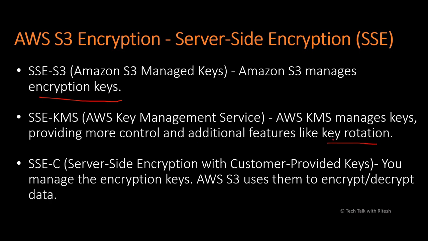I will cover what key rotation is, but in summary, when the key's life is over, or when the key is corrupted, we need a new key, and the old key is replaced with the new key. That's why it's called key rotation. And with server-side encryption with customer-provided keys, you manage the encryption keys, and AWS S3 uses them to encrypt or decrypt the data.